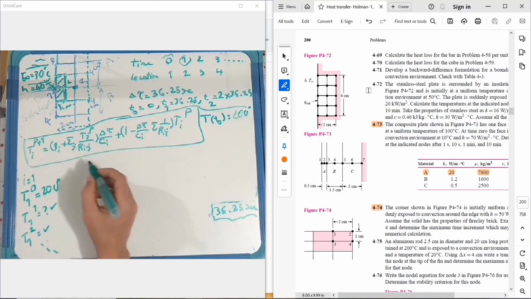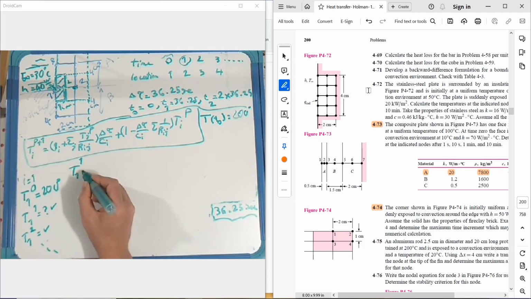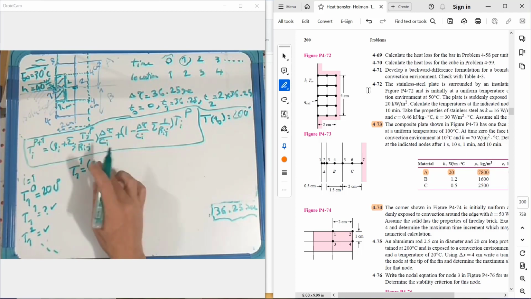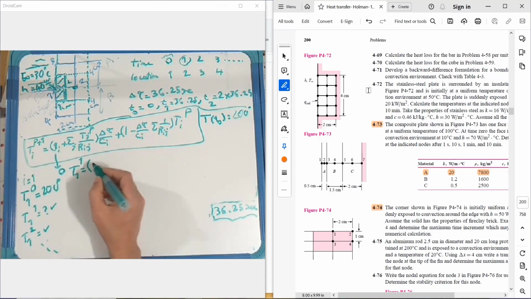Okay? So let me just write one of these. T1,0 plus 1 would be 1 equals. We don't have Q here. This is 0. In this problem, Q is 0. Okay, what is this one?